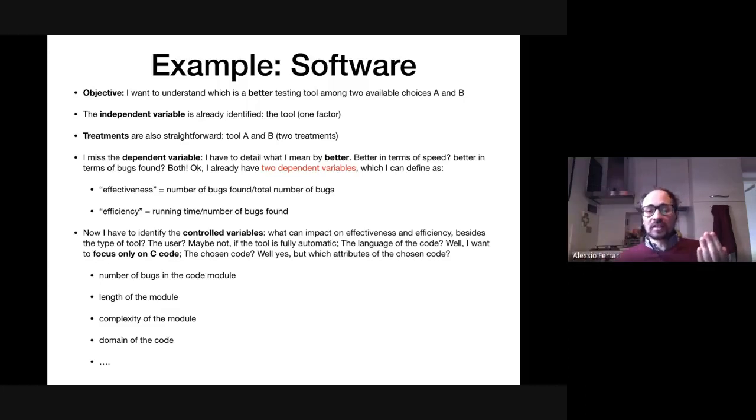And efficiency, related to the running time, which I define as the running time in relation to the number of bugs found. Or I could define it also in relation to the length of the code. This is just what I decided. I decided what these quantities mean. I decide what I'm interested in. In this case, I have these two dependent variables, one independent variable and two treatments.